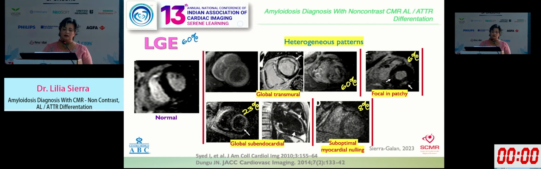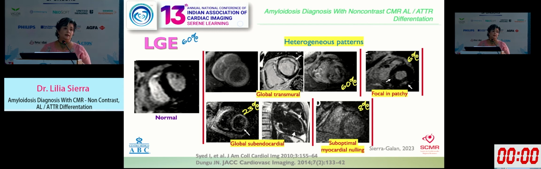But those are highly problematic because of their incidence. See, for example, the bad nulling of the myocardium is only in 8% of the cases. And the PSIR sequence, which is routinely used in all the scanners right now, can fix that problem.